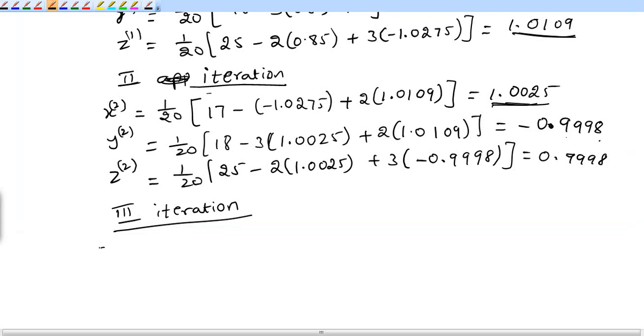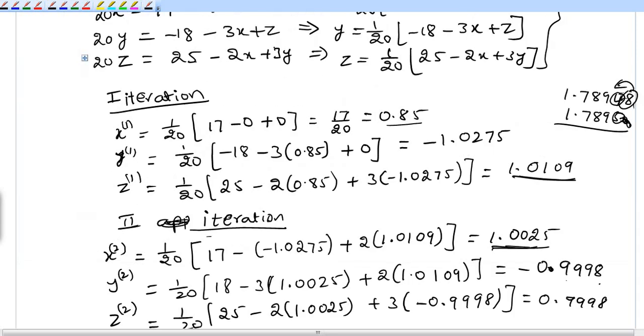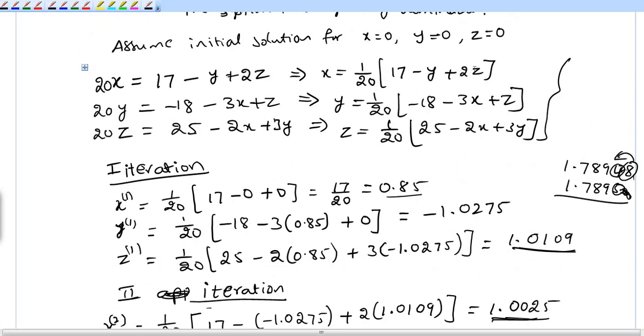So x3, third iteration, 1/20. Similarly, you have to substitute 17 minus here the previous y value and z value.